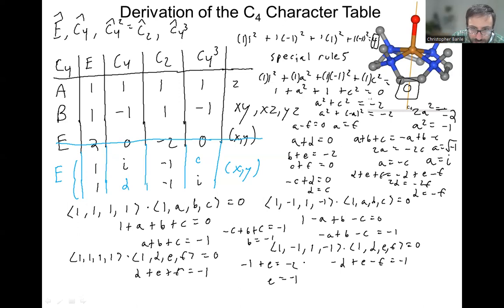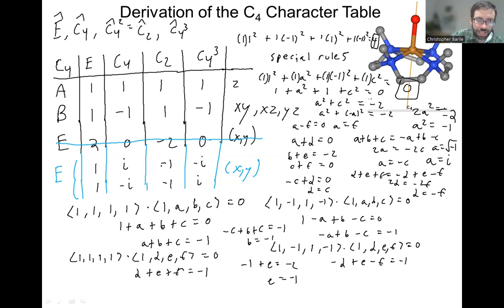So i is F, and so D is going to be -i. And C, remember, was the negative of A, and A was i. So that means that C is going to be -i as well. At this point, we are done.